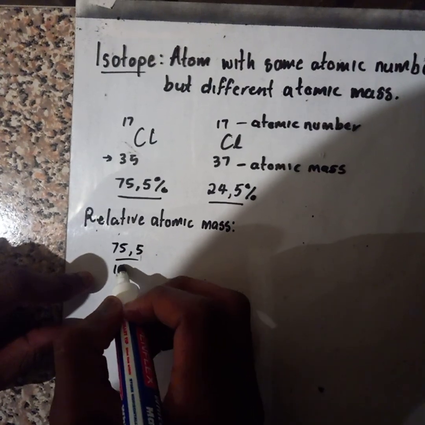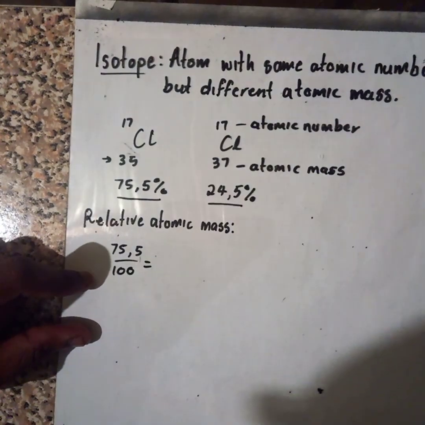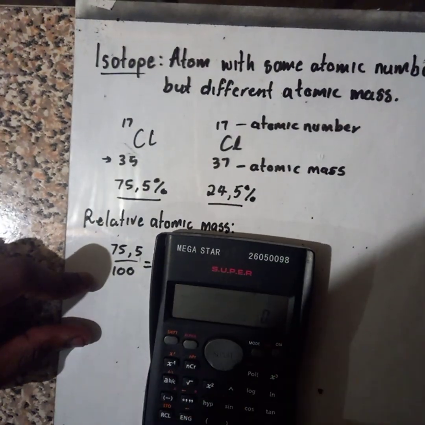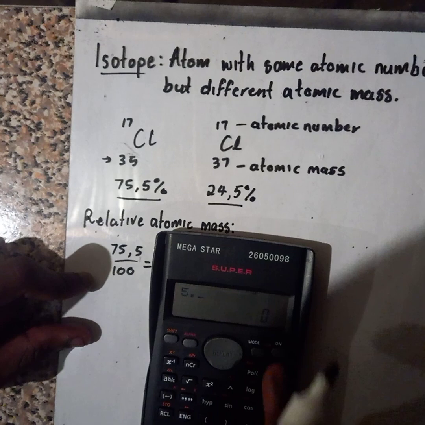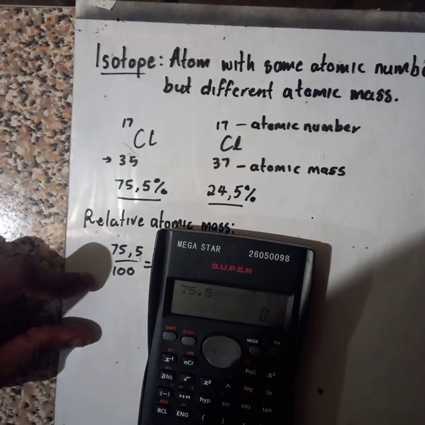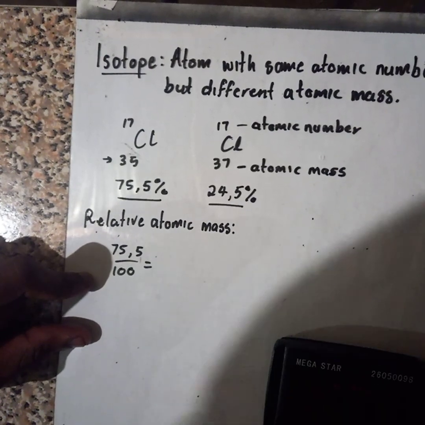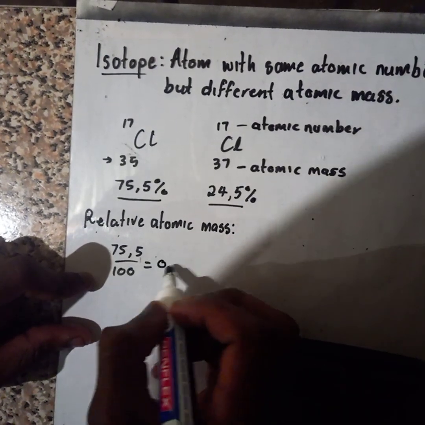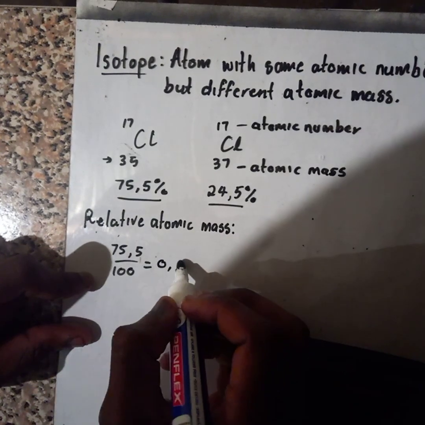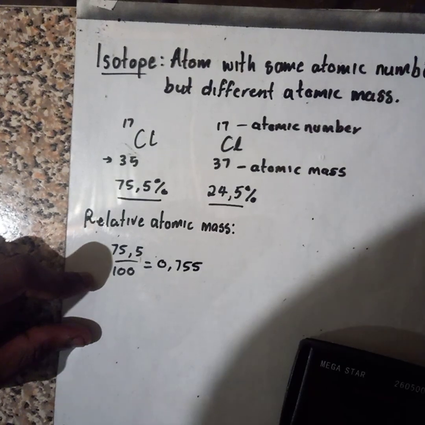75.5 divided by 100. If I divide this number by 100, clearly, we do have our calculator, 75.5 divided by 100, we get 0.755.